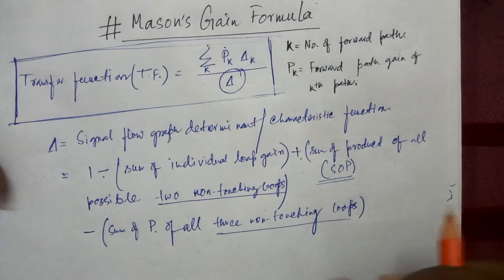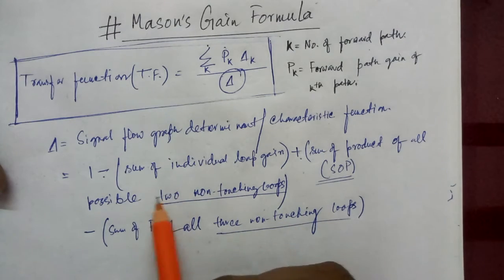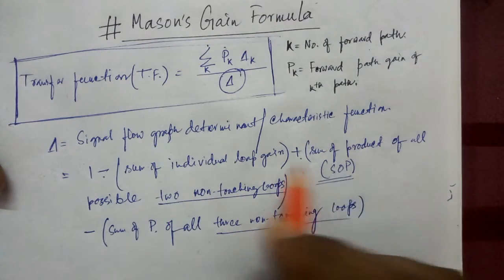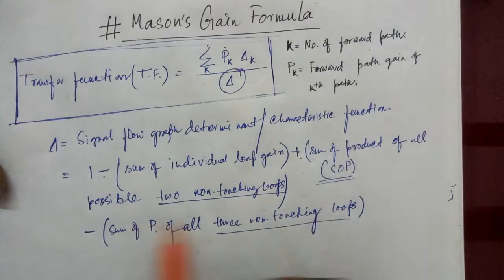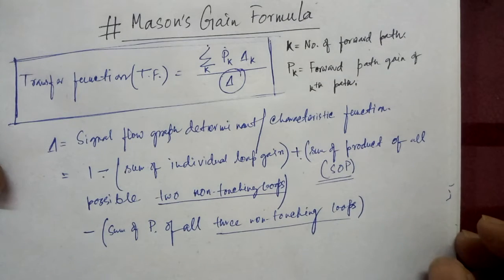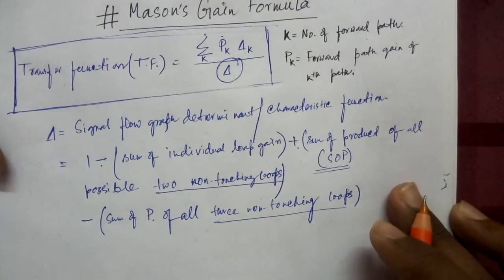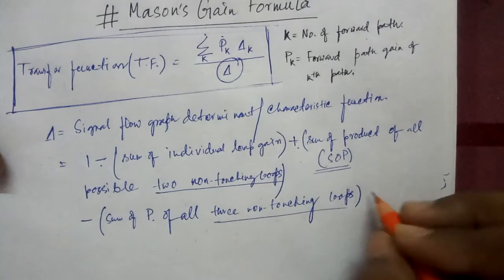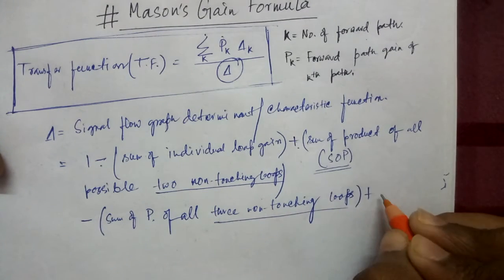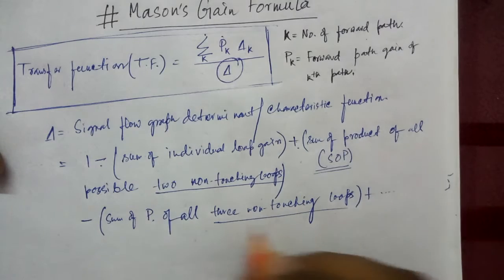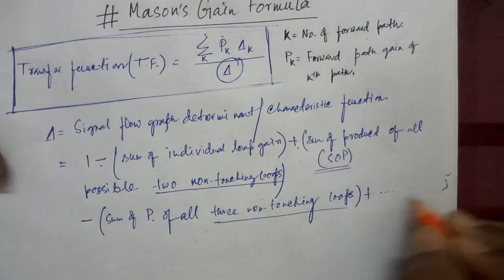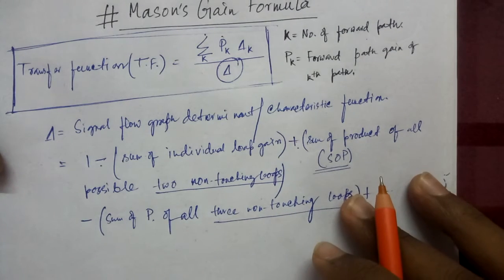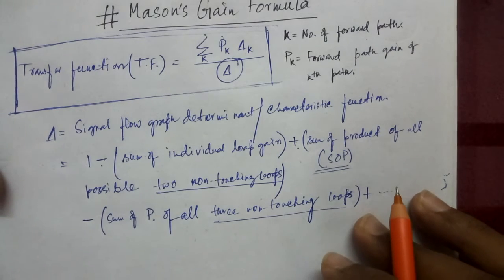If you don't understand these points, these terms are very tough to understand by reading for the first time. If you see an example, these things will be very clear to you, and this alternating pattern will repeat, means after that 4 non-touching loops, 5 non-touching loops will come. This is actually all about Mason's gain formula.